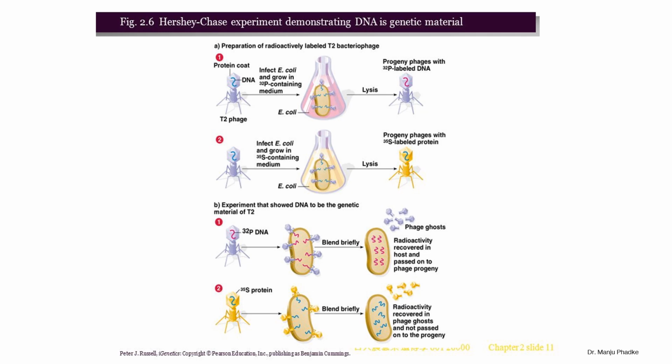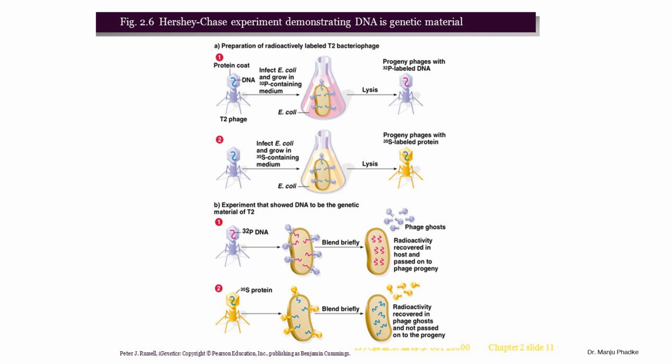And as you can see and have understood from whatever I have explained, Hershey and Chase therefore reasoned that because it was DNA and not protein entering the cell, DNA must be responsible for the function and reproduction of phage T2, thus proving that DNA is indeed the genetic material of phage T2.